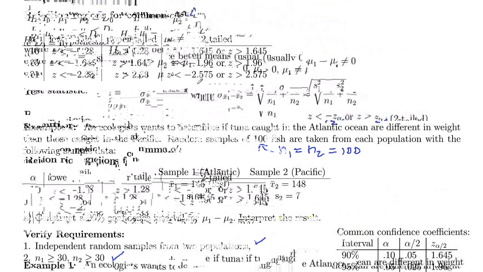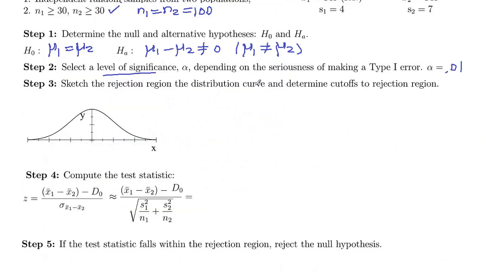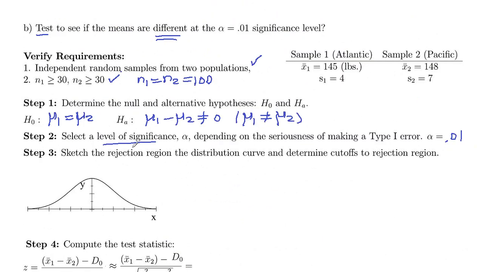This is a two-tailed test, equal, not equal, so plus and minus 2.575. So two rejection regions here. This is negative 2.575 and positive.